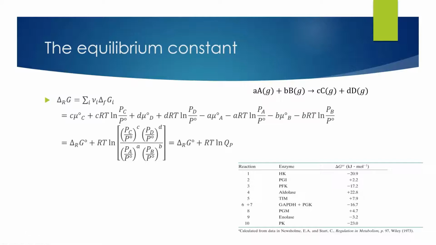But remember, the delta G naught for a reaction is not the actual number that you use to determine whether or not a reaction is spontaneous. You have to consider the actual conditions. And in the cell, the products of this step 4, this aldolase reaction, are very rapidly taken up and continue to be processed. So there's a very small amount of products, which means that the reverse reaction is actually hard to accomplish, and the forward reaction is favorable.